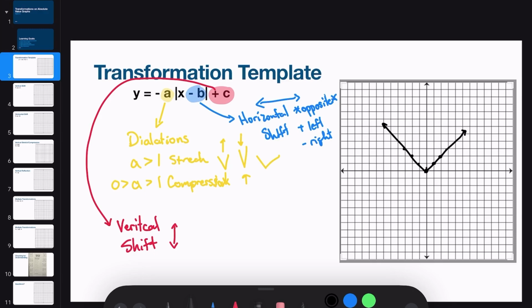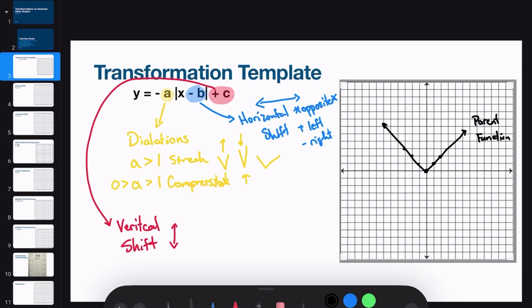This is called your parent function. And these transformations take this parent function and move it left, right, up and down, or either stretch or compress it.